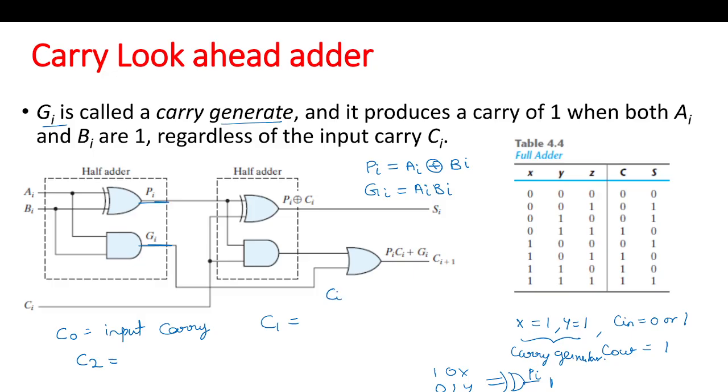So the next stage carry, C i plus 1, depends on Gi plus Pi Ci, which is the previous stage carry.